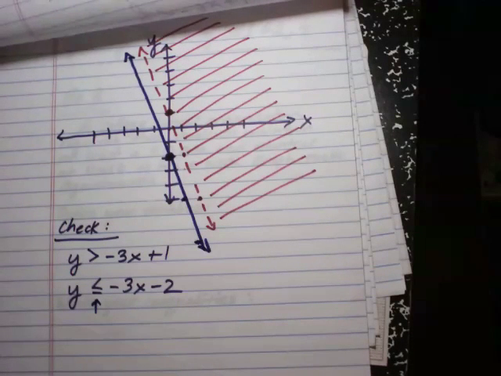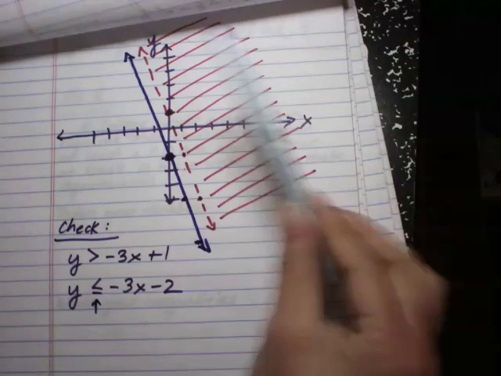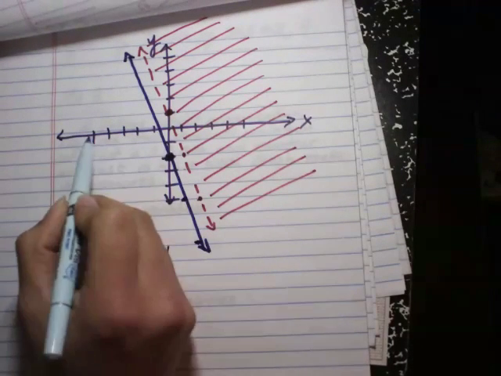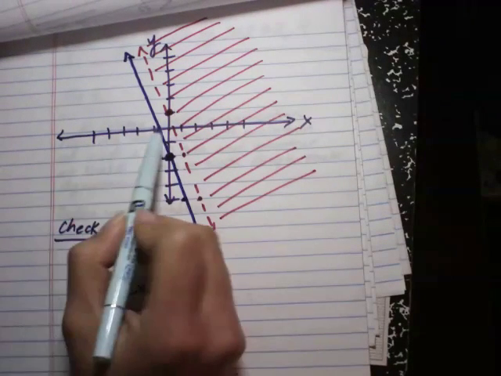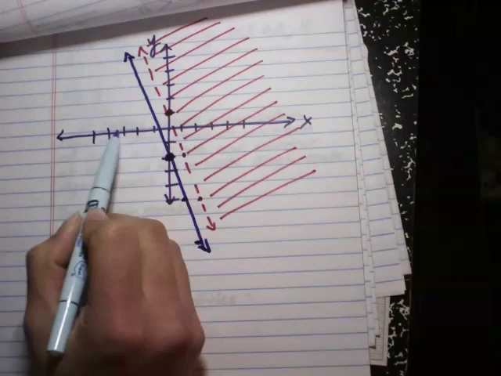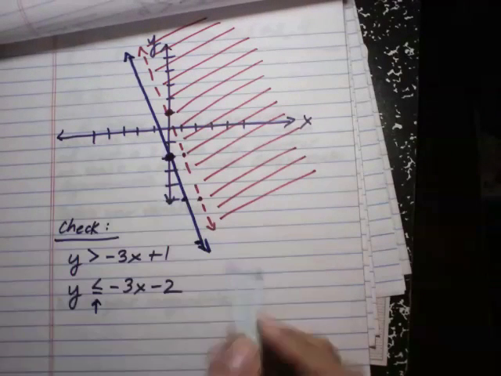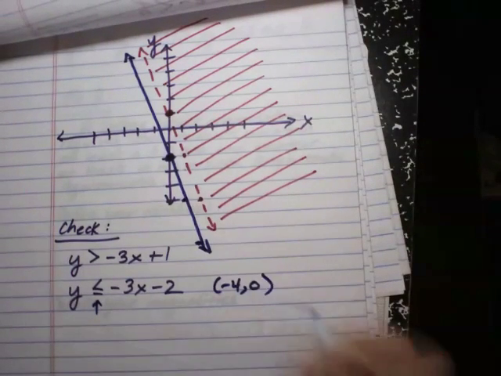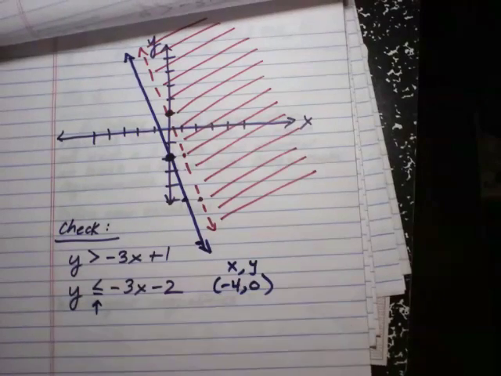So now, which side are we going to be shading? Are we going to shade to the right side or to the left side? Again, I'm going to pick a point that's all the way over here so we don't make any mistakes. Let's test negative 4, 0, so your x coordinate, your y coordinate.